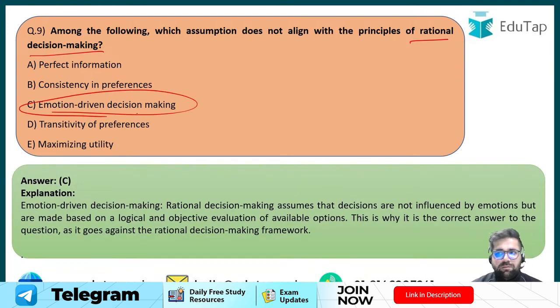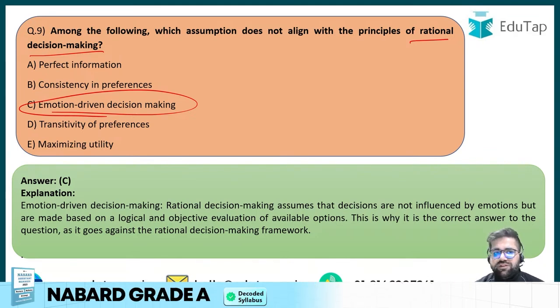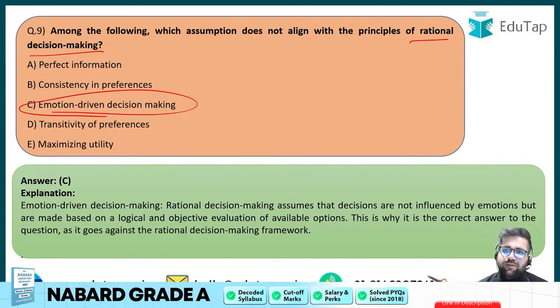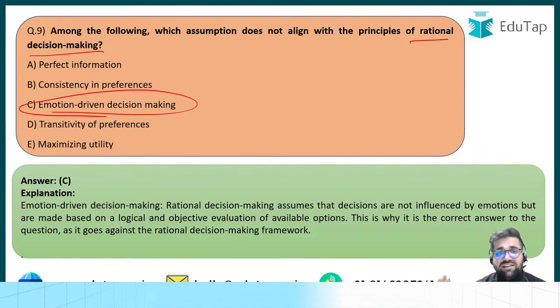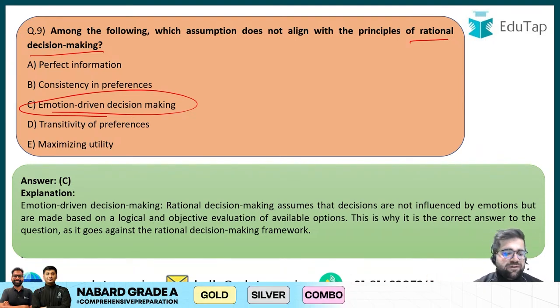Robots can make a rational decision, but they will not follow any emotions. Robots do not come with emotions, right? So when it comes to rational decision making, you will have perfect information. You can also have consistency in preferences, as in you are able to compare two options.